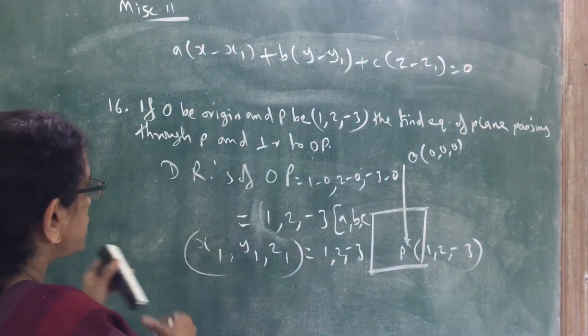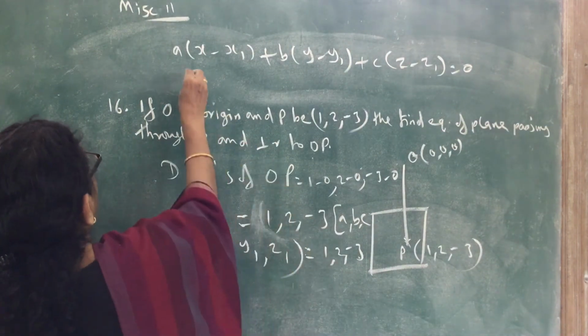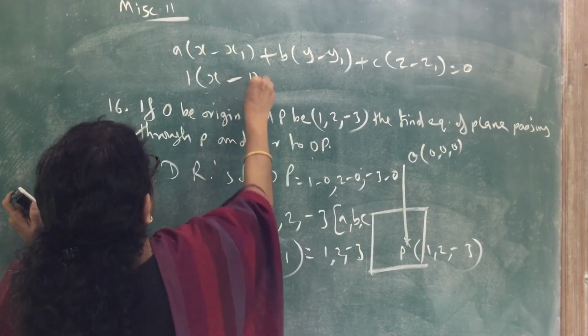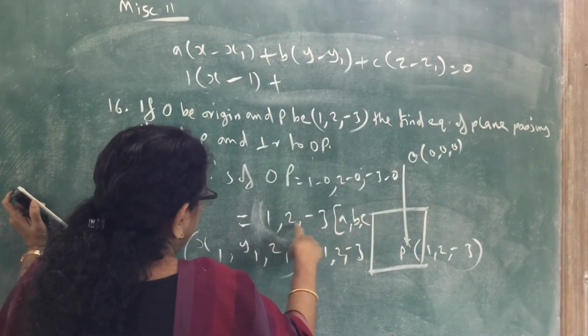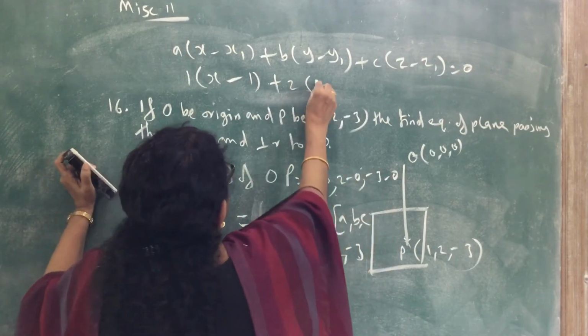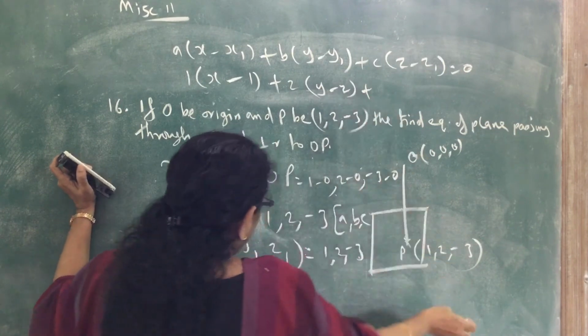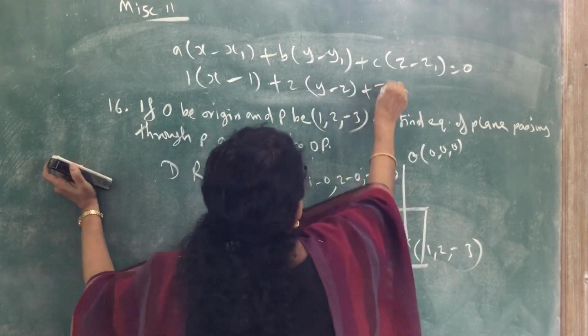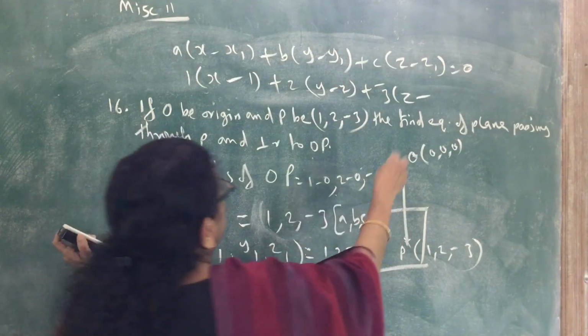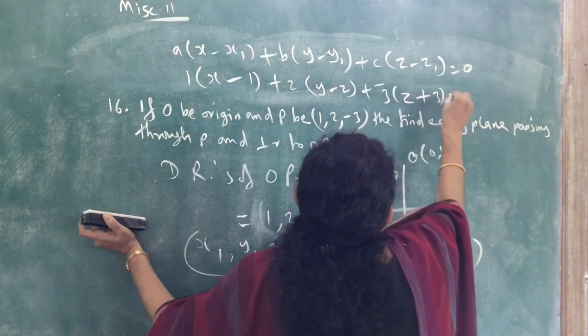Substitute here. So A is 1. 1 into (x minus x1), that is 1. Plus B is 2, 2 into (y minus 2), plus C is minus 3 into (z minus z1), minus 3, so minus 3, so plus 3 equal to 0.